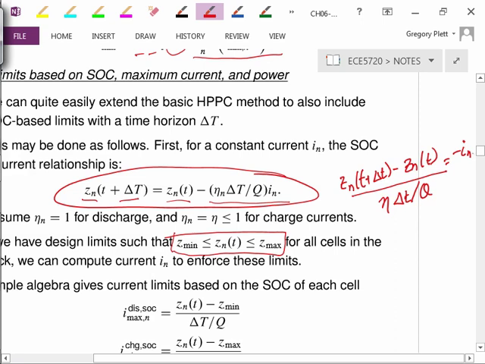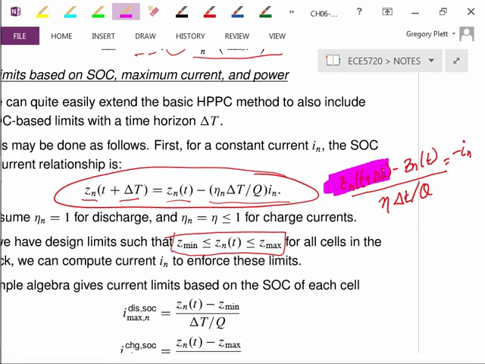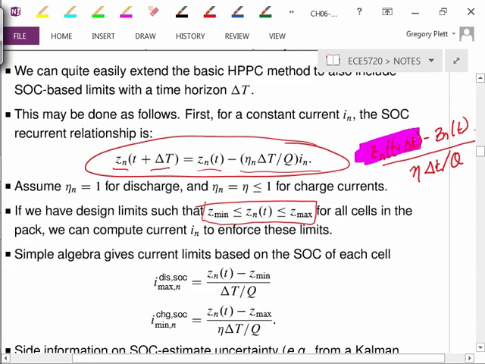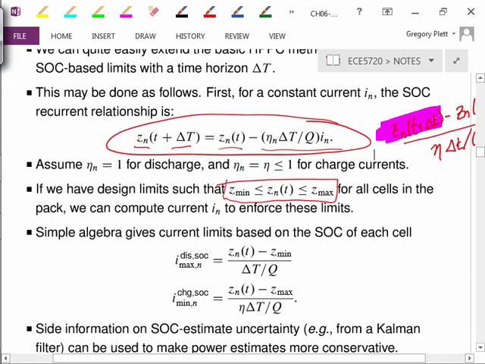And that allows us to think, well, if I want my future SOC to be between Zmin and Zmax, I can clamp it at that value, at Zmin or Zmax, and see what value of current is going to achieve that. And that's what we've done here.